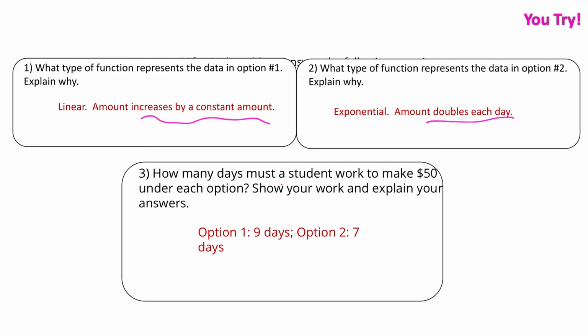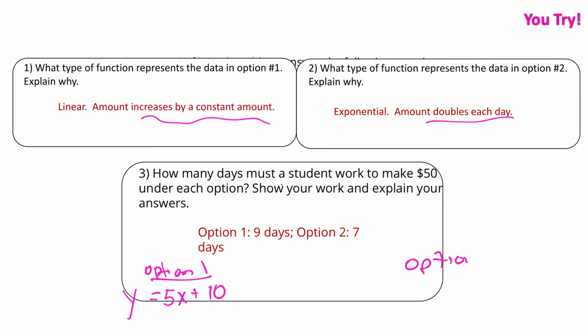So let's look at those equations. So for option 1, their starting amount would be $10. That's your y-intercept. Plus an additional $5 a day equals their total amount that they've earned.